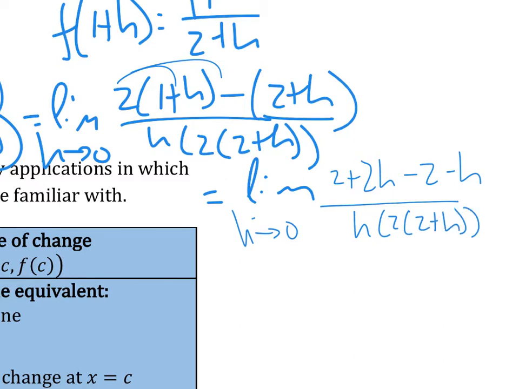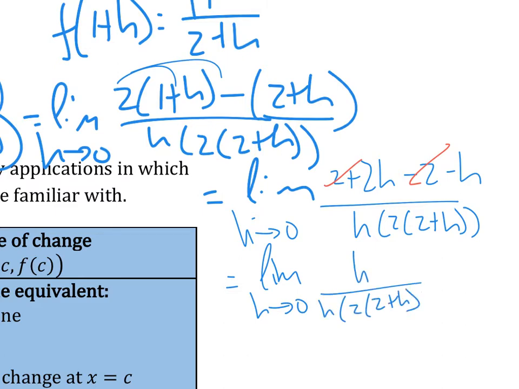And what's going to happen here? The 2's are going to cancel. They're gone. And then you have 2h minus h, which is h. So we're down to the limit as h goes to 0 of h over h times 2 plus h. These h's cancel, leaving 1 behind, and we can plug in 0 now. When we plug in 0 for h, we get 1 on top, and on bottom 2 times 2 plus 0, which is 1/4.